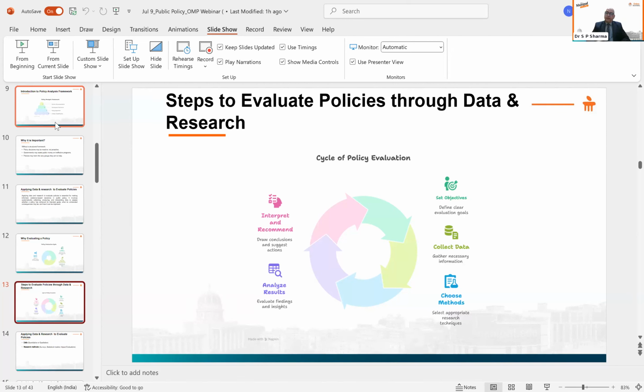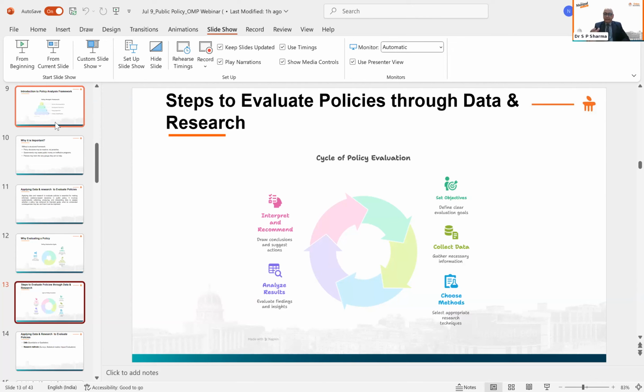Like when you are going to analyze the policy environment, then you have some set objective also, that what are you going to analyze in the public domain. Then you have to collect some data to know about the outcome of that particular policy.